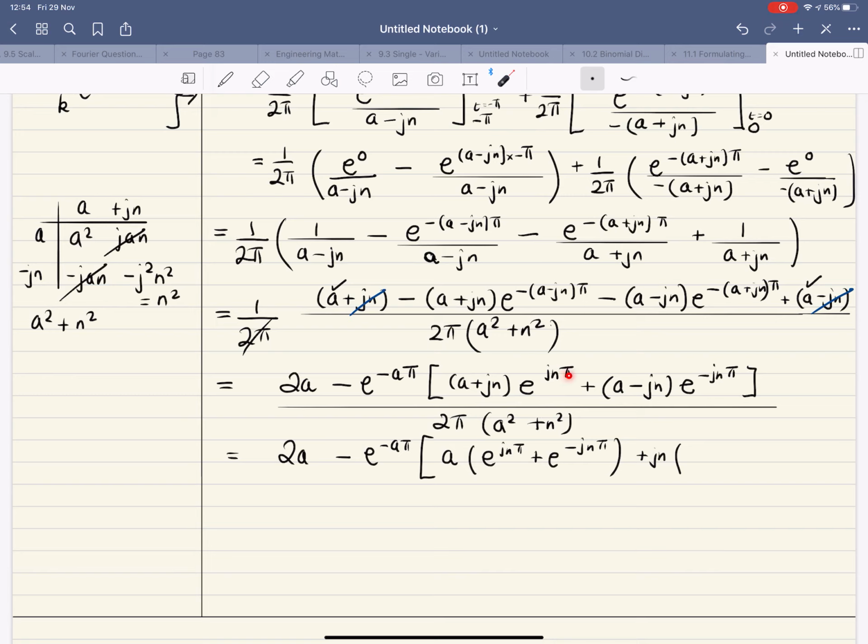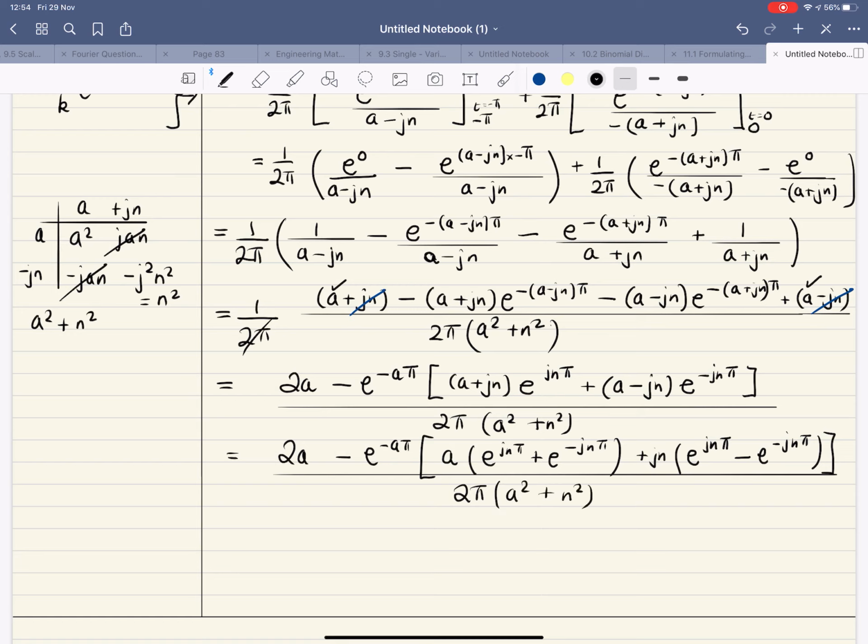So that's a e to the jn pi, plus a e to the minus jn pi. Now I'm doing the same with the jn's here. e to the jn pi, that's the first one, and then it's minus e to the minus jn pi. Okay, so here we go. And then we divide by the same 2 pi (a squared plus n squared).